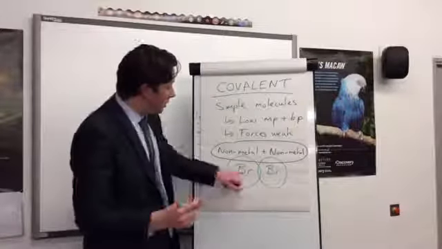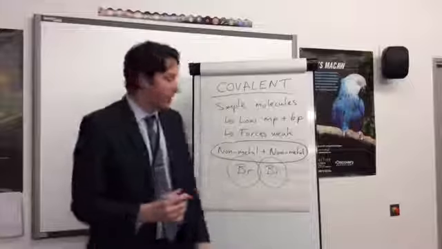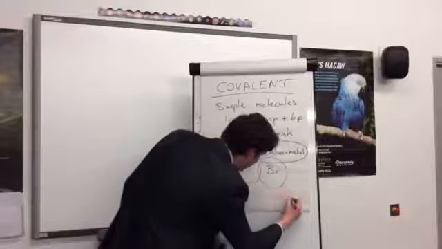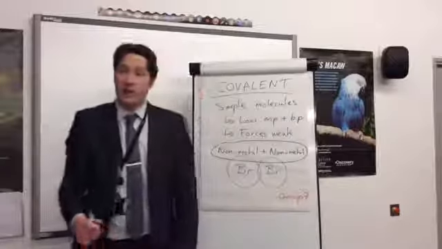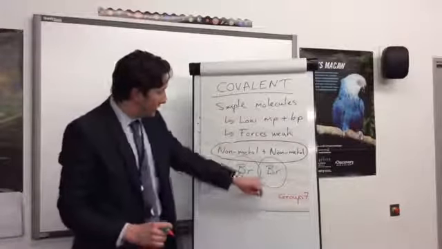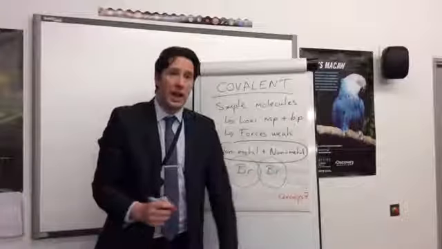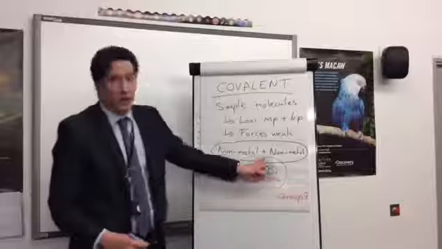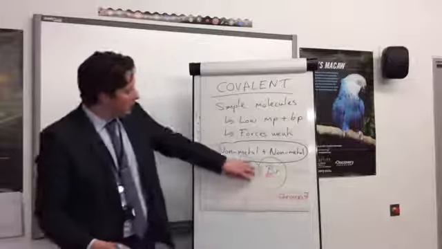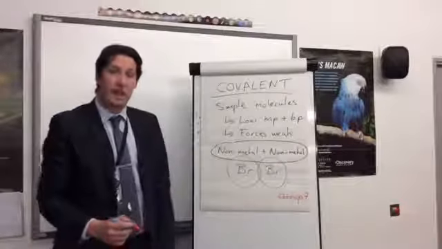And what you do is you look at bromine, you look at where it is in the periodic table, and it's in group 7. And what that tells us is that it has 7 electrons in the outer shell. So when you do a bonding diagram, you link them together and you fill in the electrons.